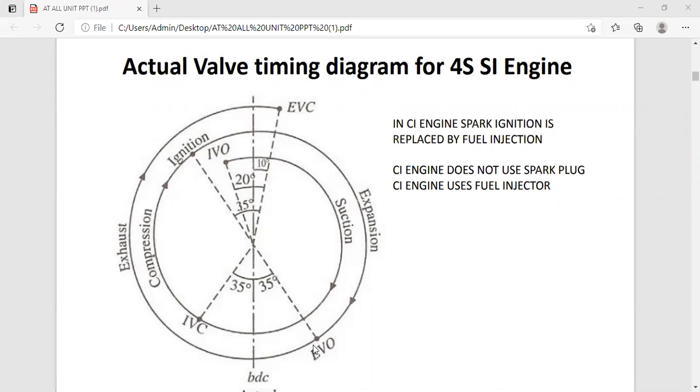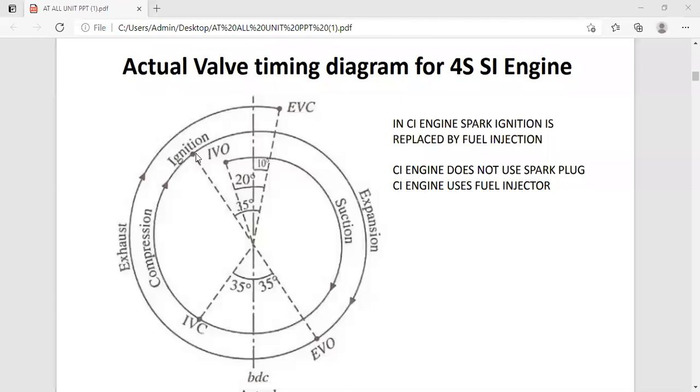The next point is related to ignition. As discussed previously, due to the time lag between the supply of the spark and the ignition of the charge, the spark is provided a few degrees before the end of the compression stroke. This is also called ignition advance.